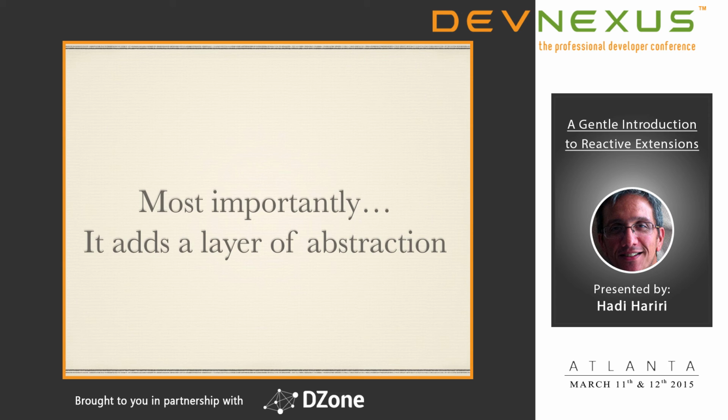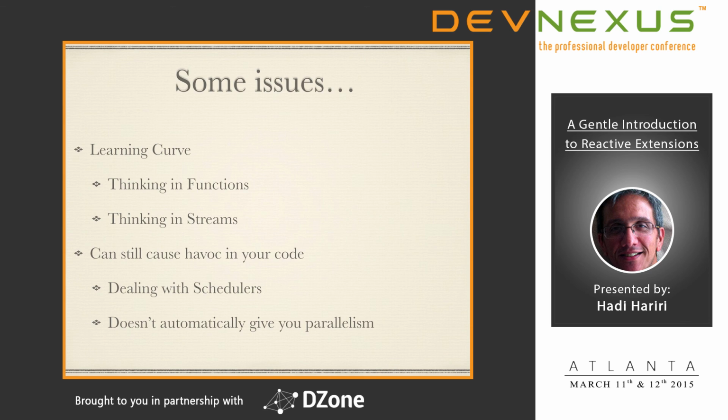Here, what we're doing is elevating the building block to be observables. We're starting to apply functions on these observables. And if you think about it, observables are nothing more than streams of data. That's where the whole concept of stream comes in with reactive extensions.